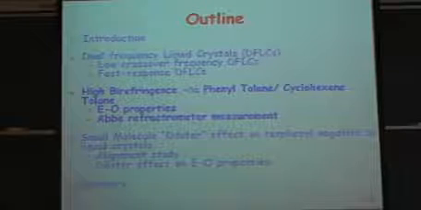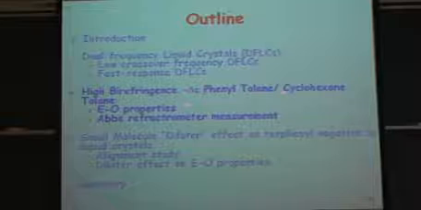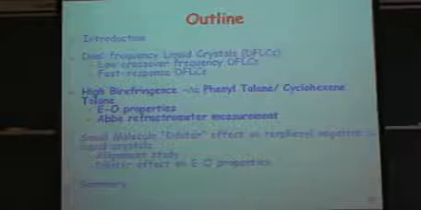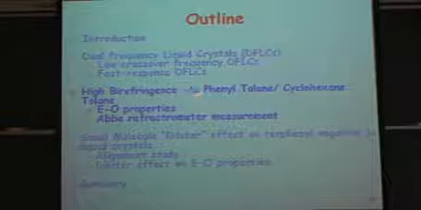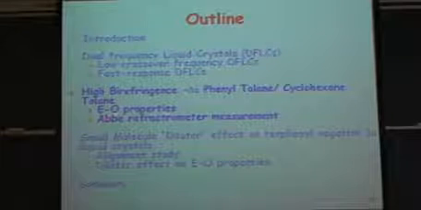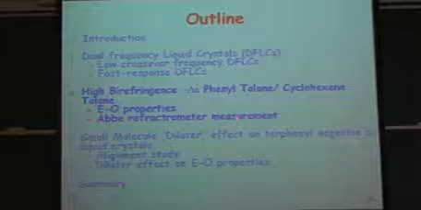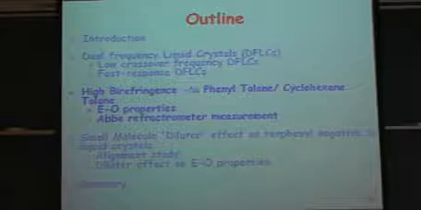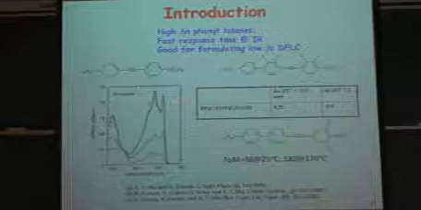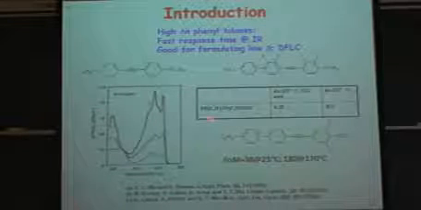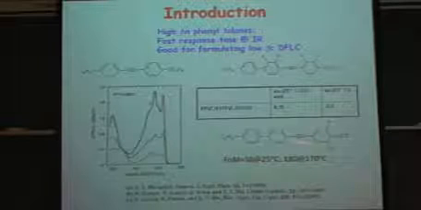Okay, next we are going to talk about high birefringence, negative dielectric anisotropy phenyl-tolane cyclohexane structure. In this part, first I will introduce the electro-optical properties, and then use a refractometer to measure its birefringence. It was reported by these publications that the tolane structure, the phenyl-tolane structure, has very high birefringence.